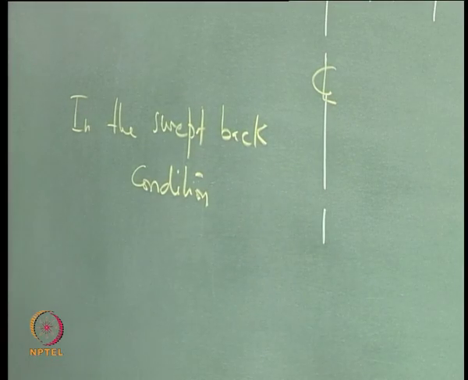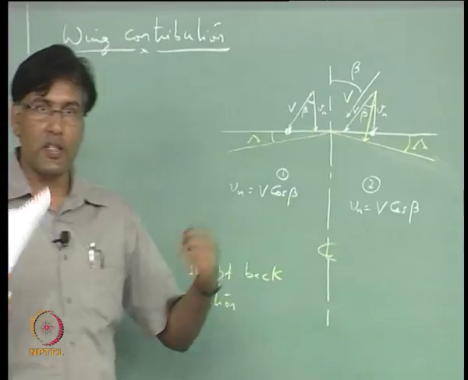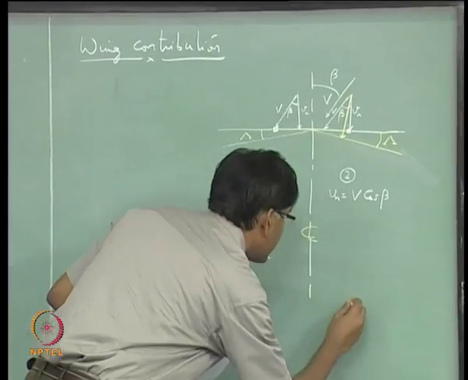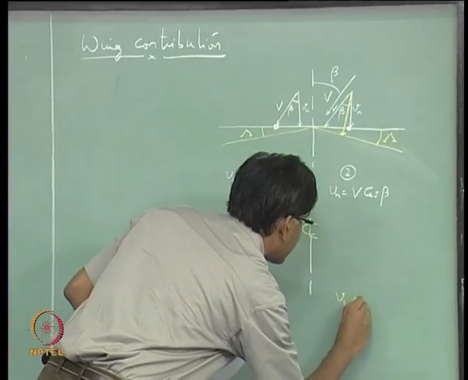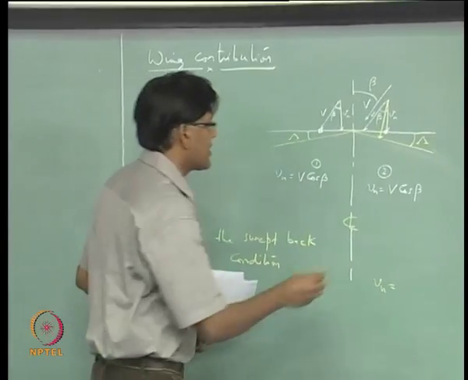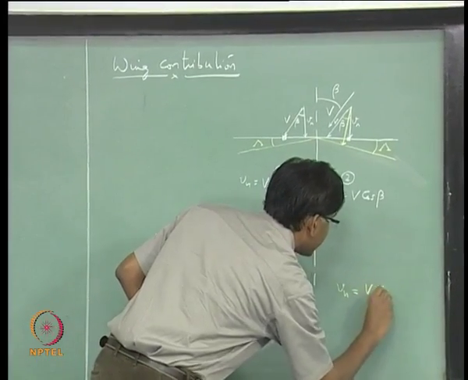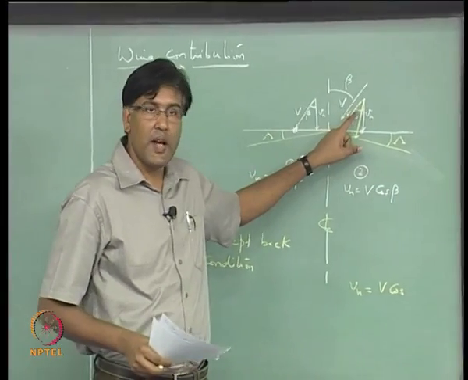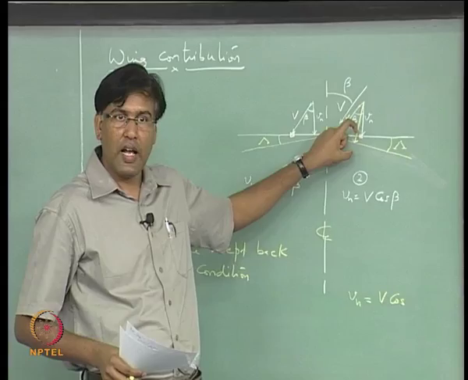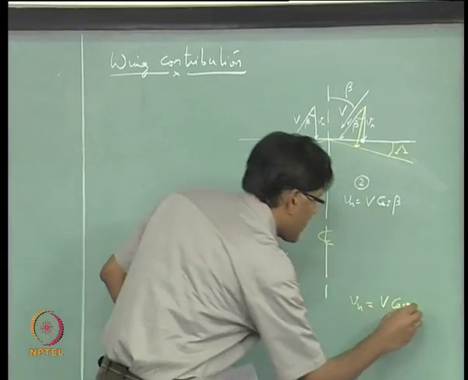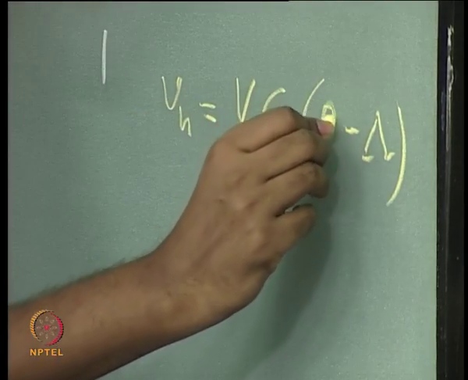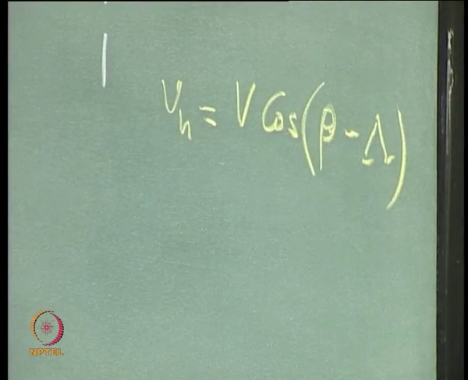now we are looking at two airfoil sections which are equidistant from the center line on the two sides of the wing, right. So station 1 will see Vn which is V cos beta minus the sweep angle, right.